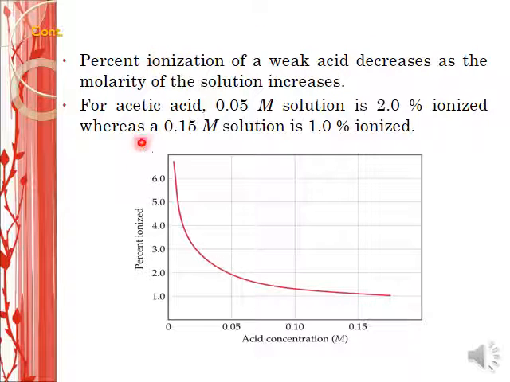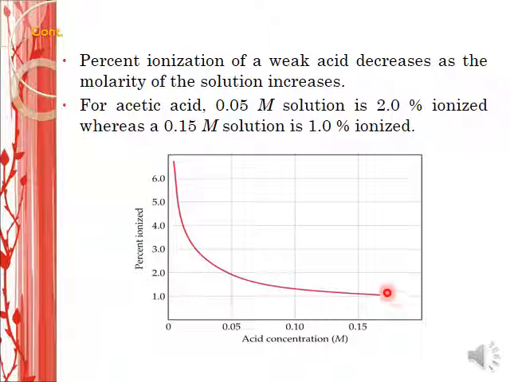Now, if you look at this curve here, logically you would think the higher the concentration, the more of the solution is ionized. But that's not the case. You see here, the higher the concentration, the lower the percent of ionization.